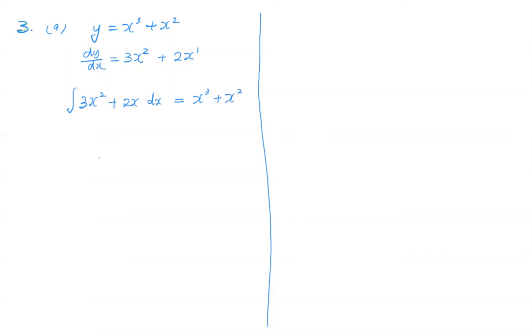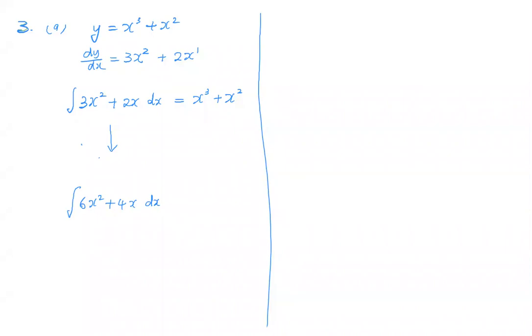Okay, now, how am I going to change this to become 6x squared plus 4x dx? Look, 3 times 2 will give me 6. 2 times 2 will give me 4. So both left-hand side and right-hand side, I must multiply by 2.